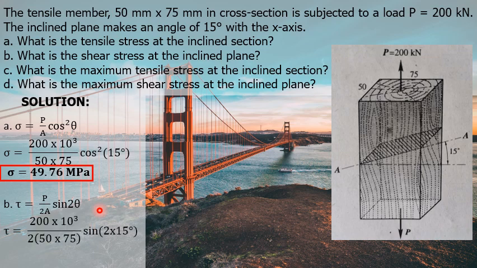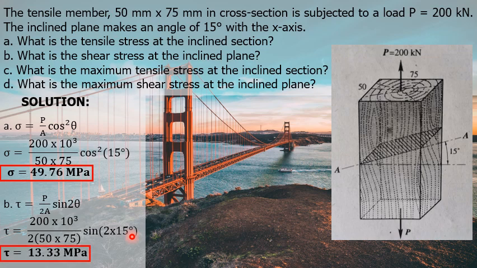Tau is equal to, our P is still 200 times 10 raised to 3 newtons, our A is 50 by 75 square millimeters, and our theta is 15 degrees. Using your calculators, you should get the shear stress equal to 13.33 megapascals.